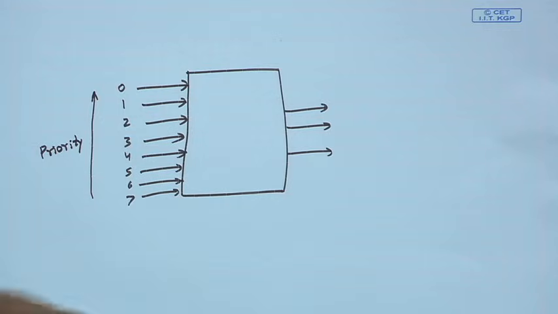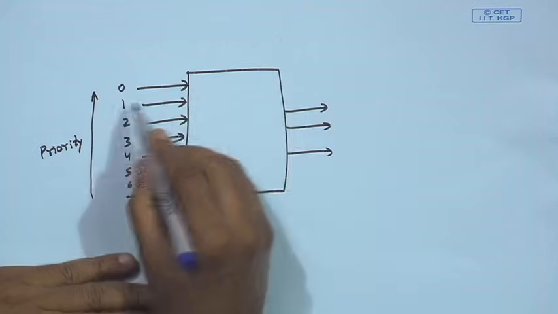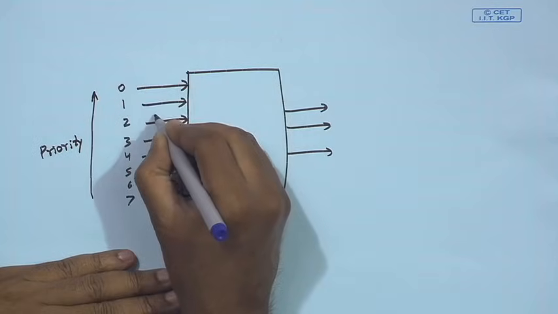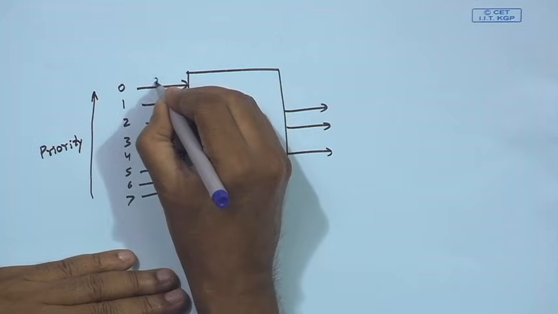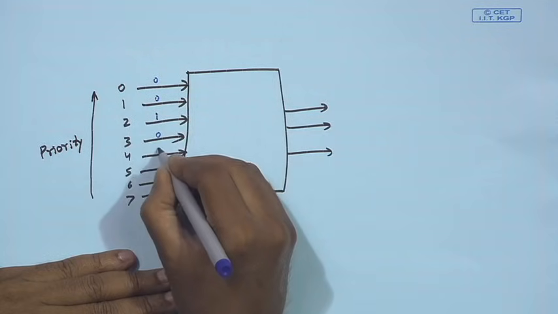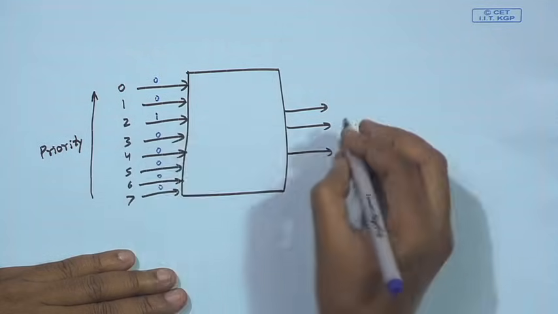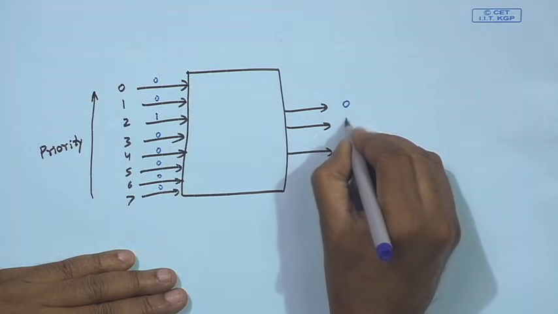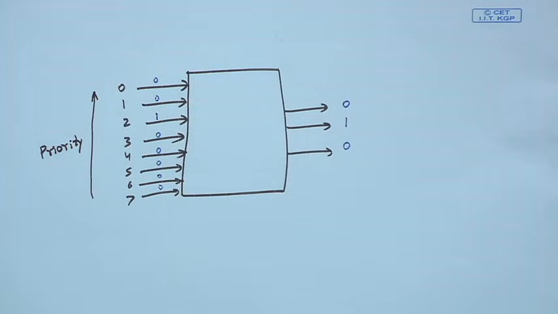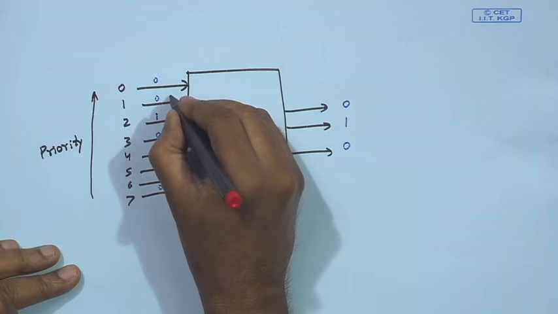Now, the idea is that suppose I set input number 2 to 1 and the others are all zeros, then the binary equivalent of 2, which is 0 1 0, should appear in the output. Now, let us take an example where any 2 of them are 1.